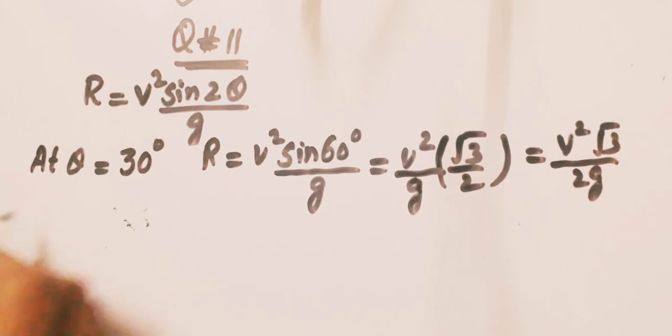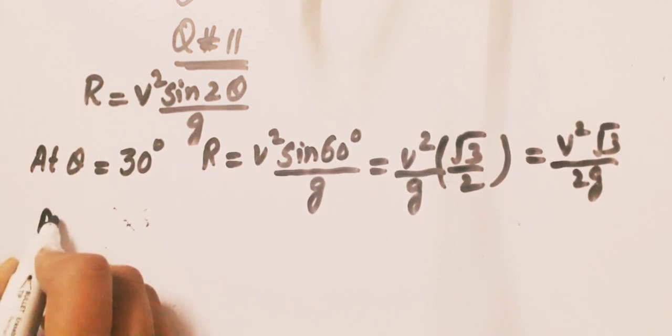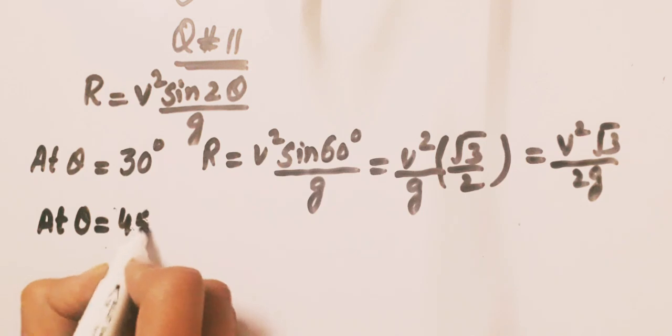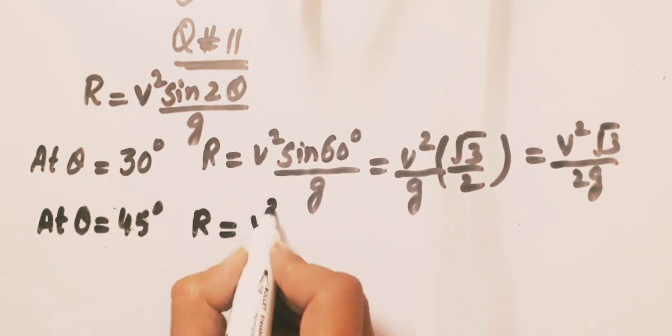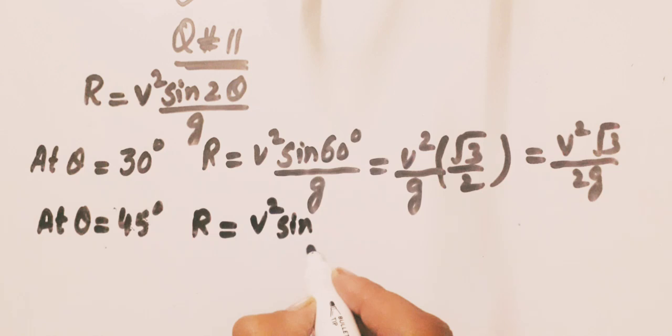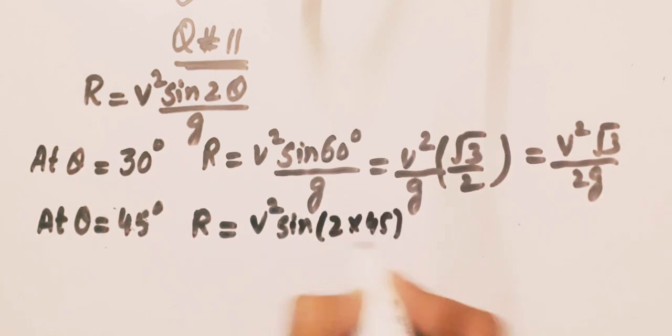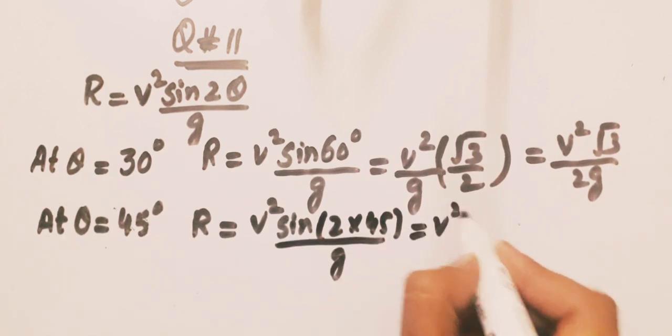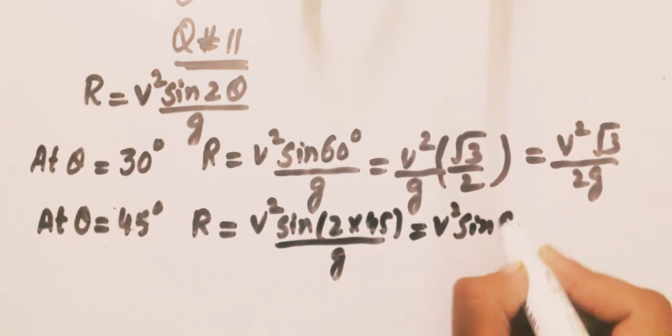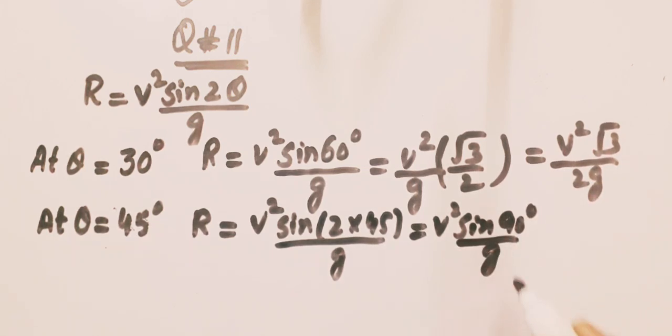Now we will solve the value at 45 degree. R is equal to V square sine 2 into 45 by G, which is V square sine 90 degree by G. At sine 90 degree we have the value 1. So V square by G. This is the answer.